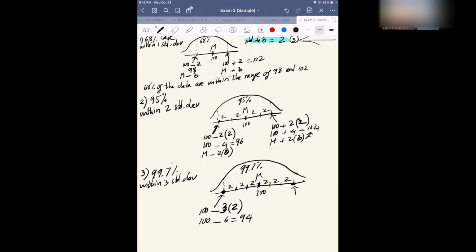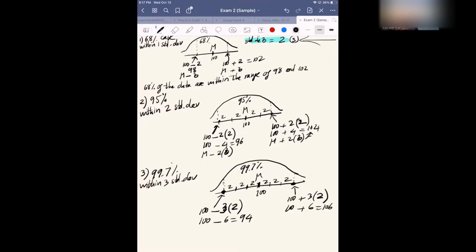Angela, good. All right, so you just add, right? You just add the mean and 3 times the standard deviation. So it's going to be 100 plus 6, which is 106, okay? So you can say that 99.7% of the data values are within 94 and 106, okay?